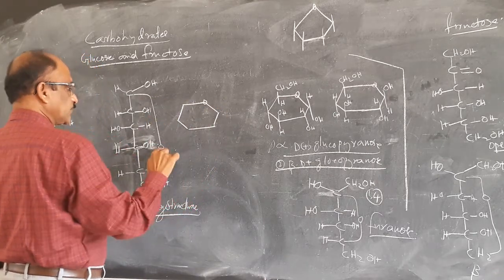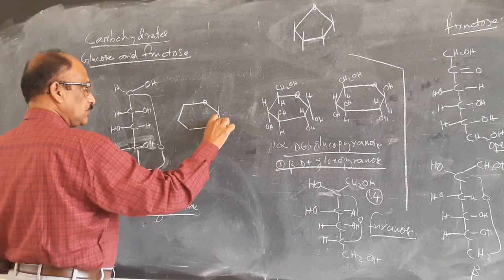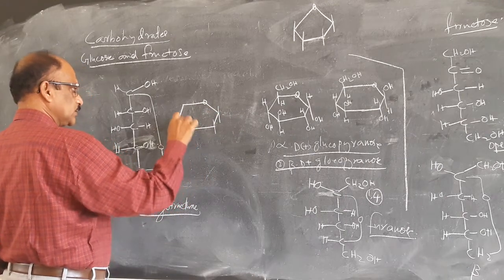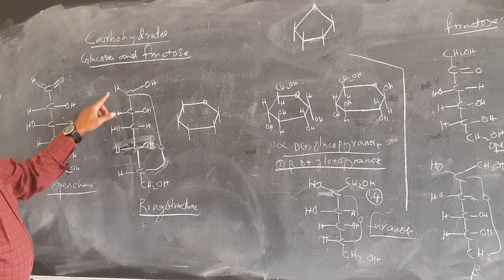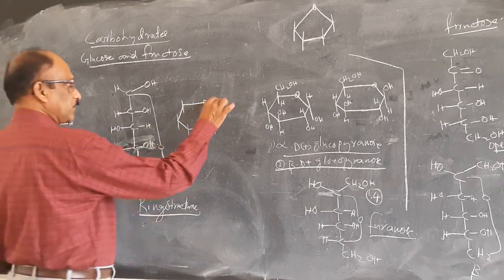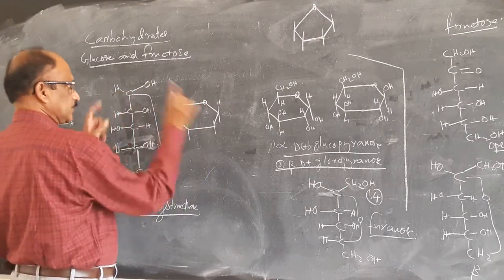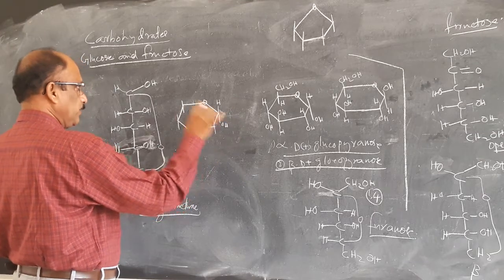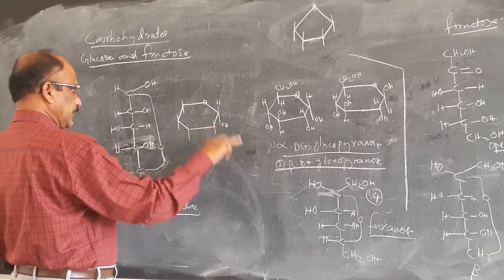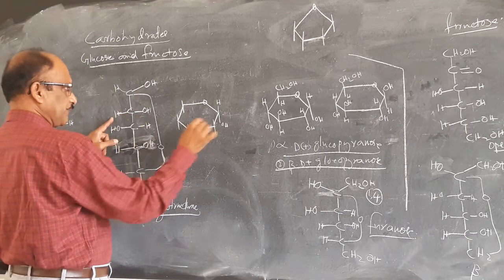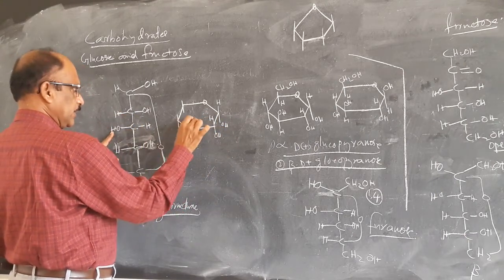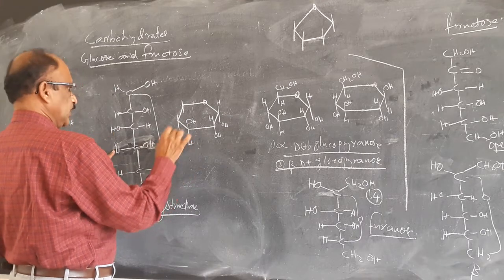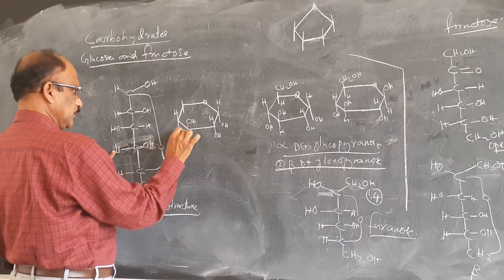So this oxygen atom we have to put here, and as you know, the bonds you have to put like this. Now the left side groups you have to write on the top, that is H and OH. The right side groups you have to write down. Again the left side group H OH. Then here it is OH. This is H OH.